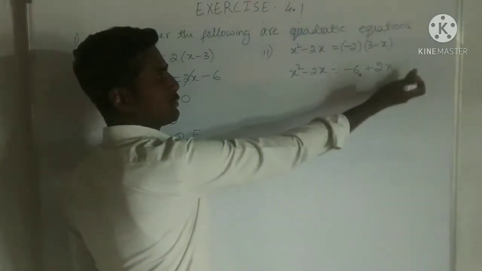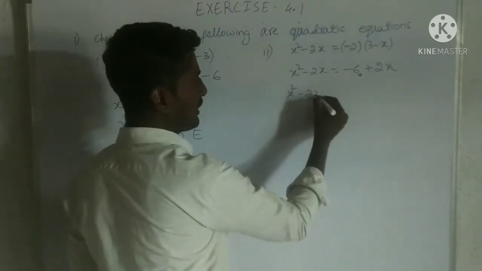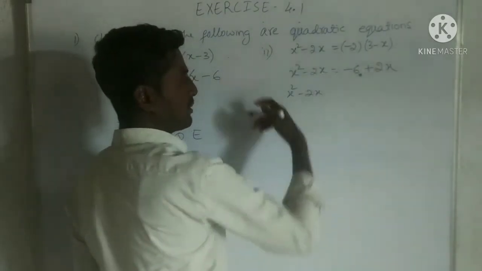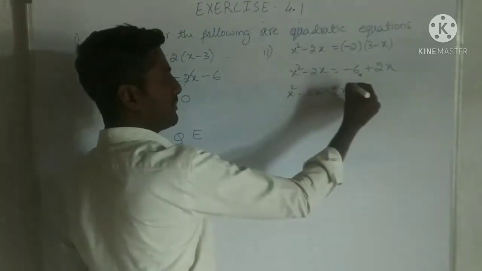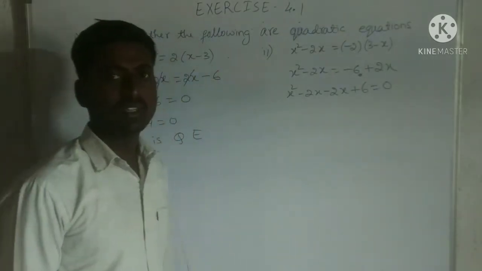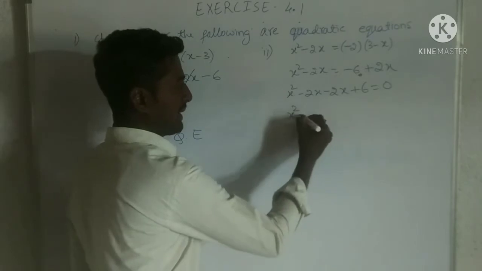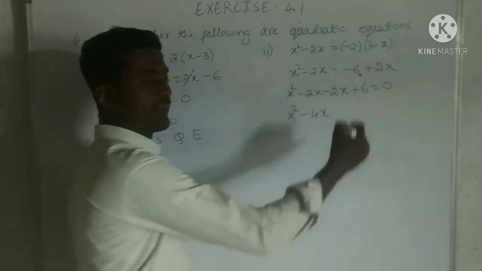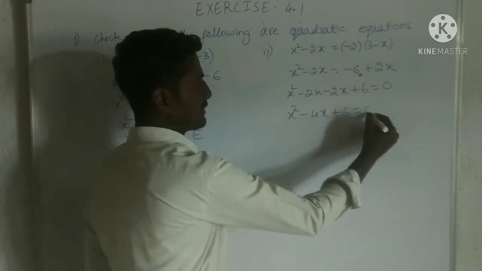Now let us take this 2x to the left. X square minus 2x, this plus 2x will become minus 2x, and this minus 6 will become plus 6 is equal to 0. Now x square minus 2x minus 2x, that is minus 4x, then plus 6 is equal to 0.